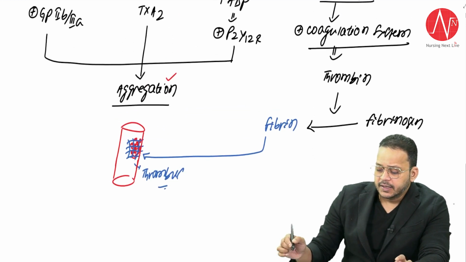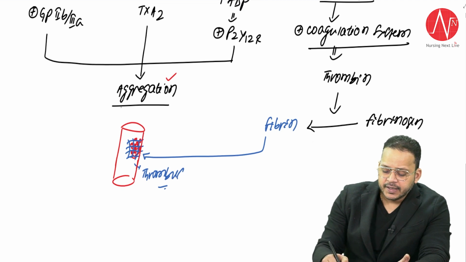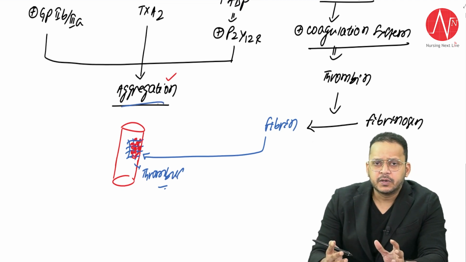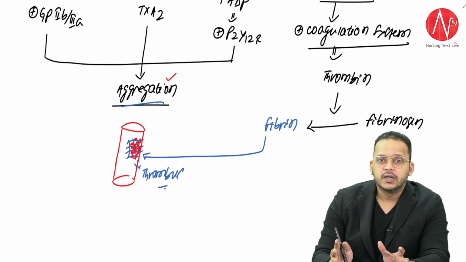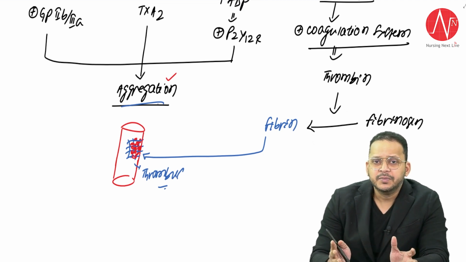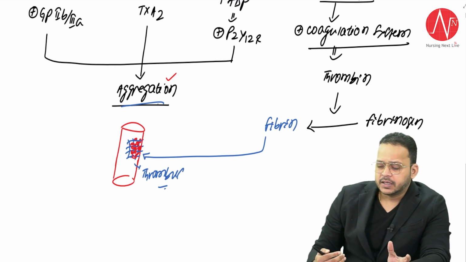In other words, I can simply say that the aggregation of platelets is just about placing the bricks together, right? But you cannot make a wall without cementing them. So fibrin acts like a cement.